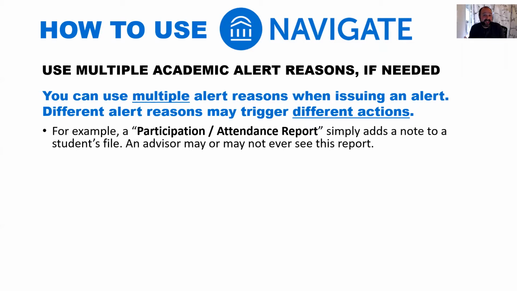So an advisor may never see this participation or attendance report. But if it's so serious, you've entered a participation report almost every week now, they consistently fail to show up, or they come for 5 minutes and then leave and never come back, that's a case where you might want to escalate it to an advisor.